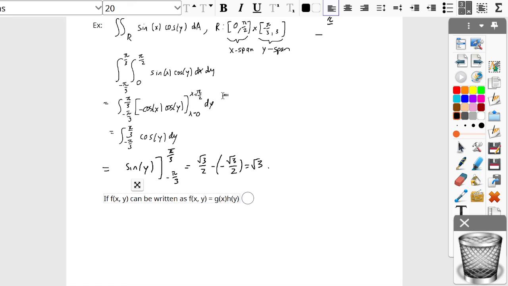For example, this right here, sine of x, is just an x function, multiplied by cosine of y, a y function.